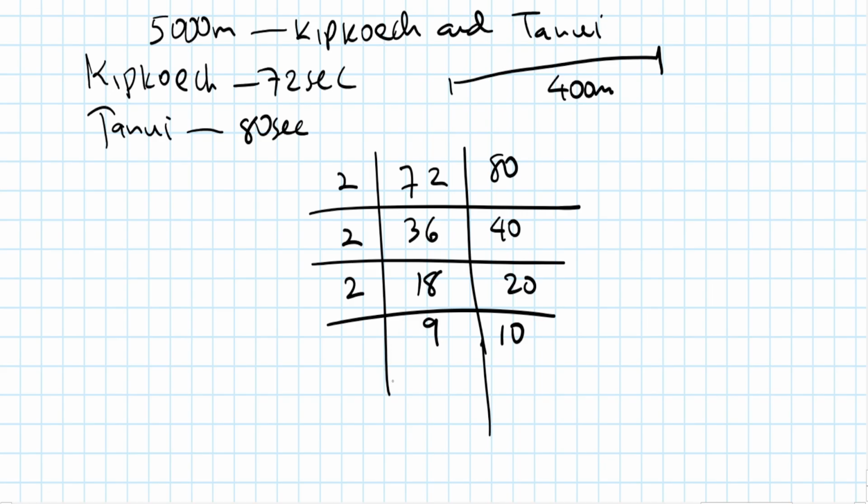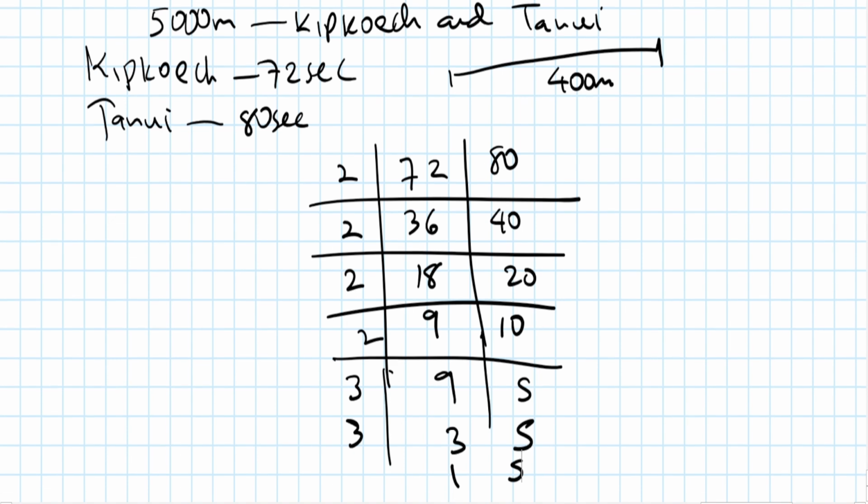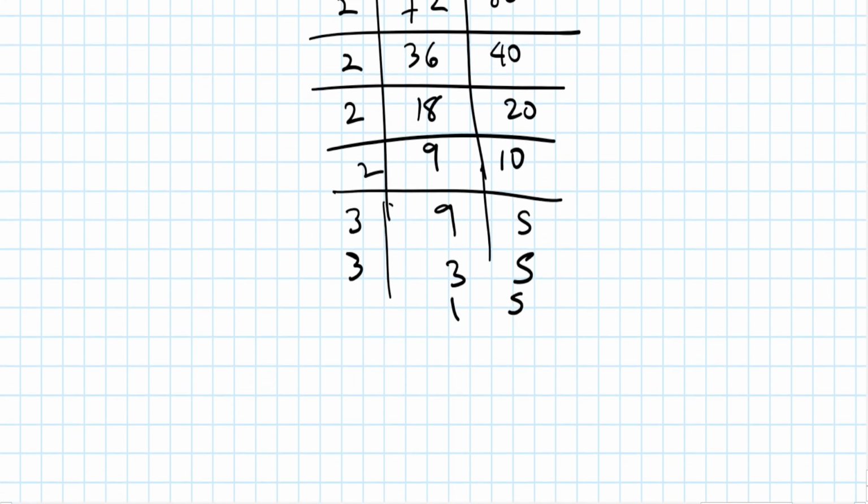Divide by 2 again, 5 and 9. Divide by 3 now, 3 and 5. Divide by 3 again, 1 and 5. Then divide by 5, which will eventually give you 1 and 1. Am I correct? Hopefully, yes.